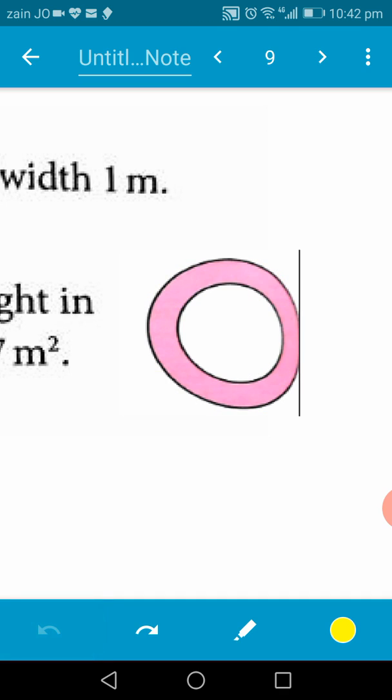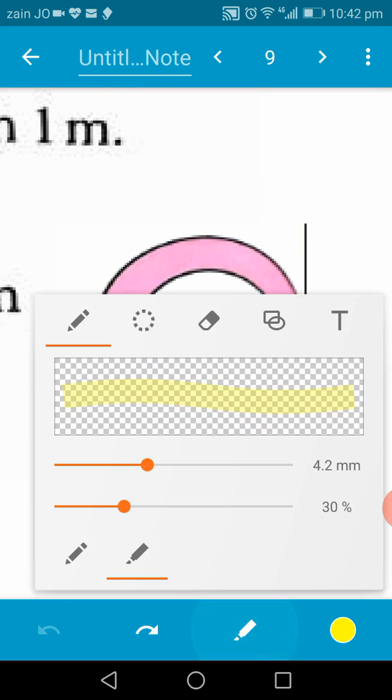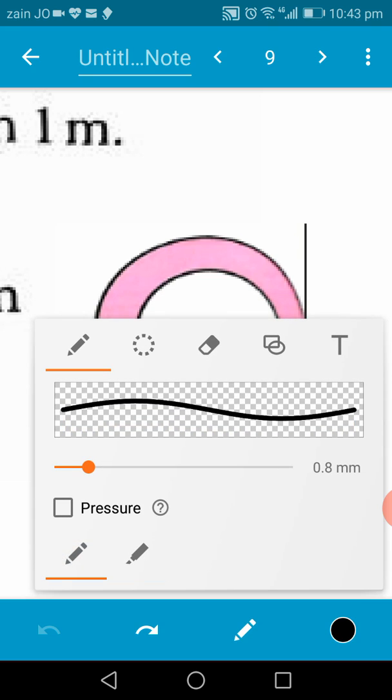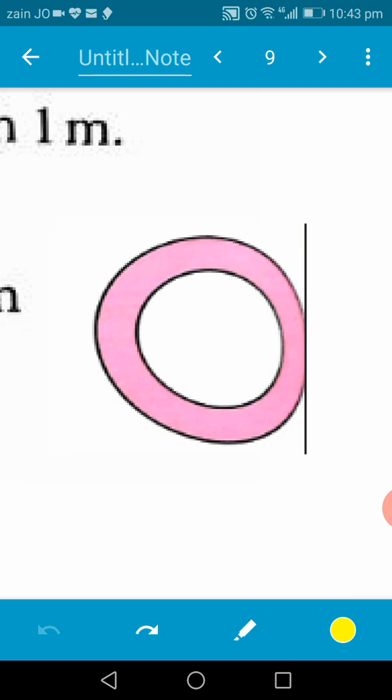Now, what is this area made of? It is a region enclosed between two shapes. We need to find the area for the small circle, right? You need to find the area of the small circle, and you also have to find the area for the big circle.